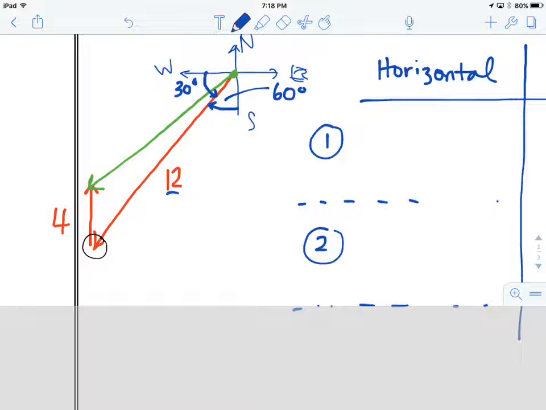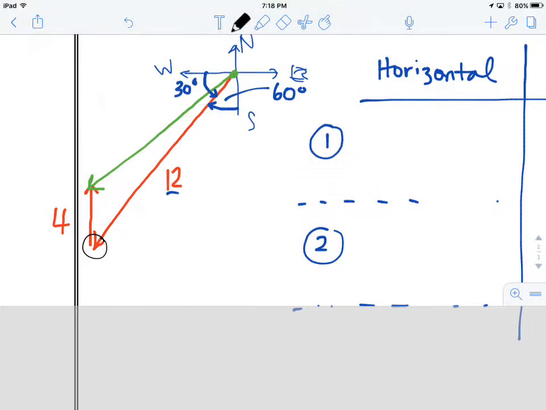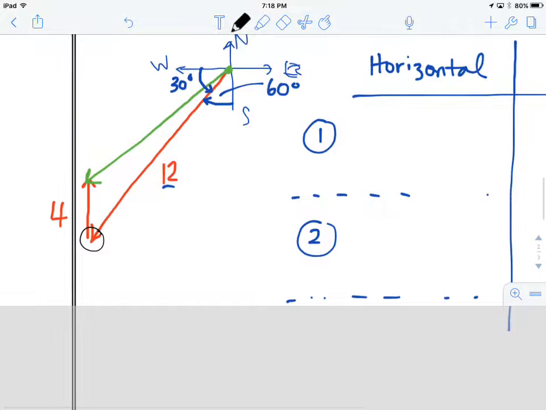And we need to break this up, just like we did before, into its component parts. So we're going to use black, and so this vector, to break this up into its component parts, I would go straight south, and then I would go straight west. Okay, so these are its two component parts.